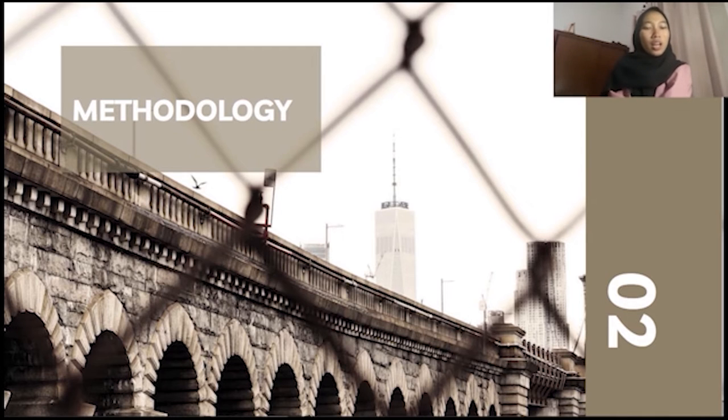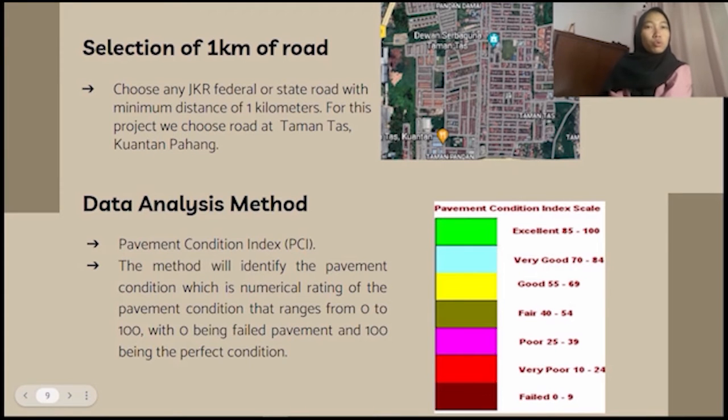So, here is my turn to explain about the methodology for this project. First things first, we need to choose a road for this project, which is the selection of 1 kilometer of road. The road we choose is any JKR federal or state road with a minimum distance of 1 kilometer.